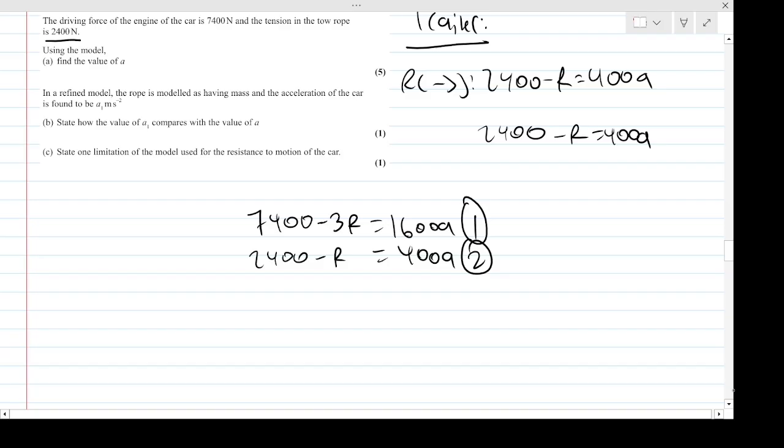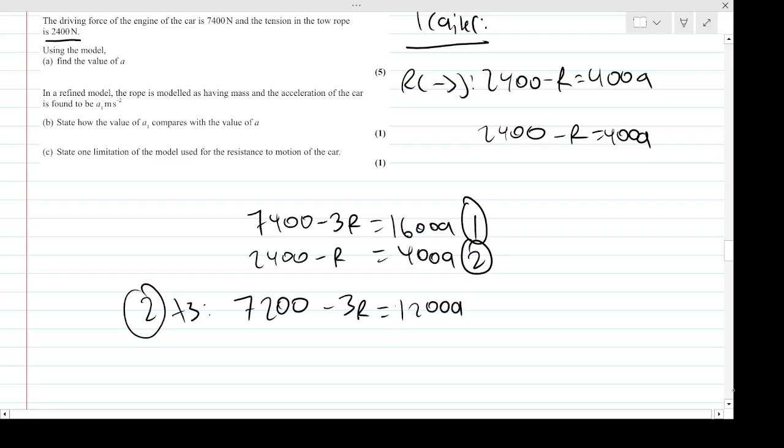What I notice is I can eliminate R because I have minus three lots of R on the first one and minus 1 lots of R. If I just triple the second equation, multiply by 3, then I get 7,200. That's 2,400 times 3. Take away 3R is 1,200A.